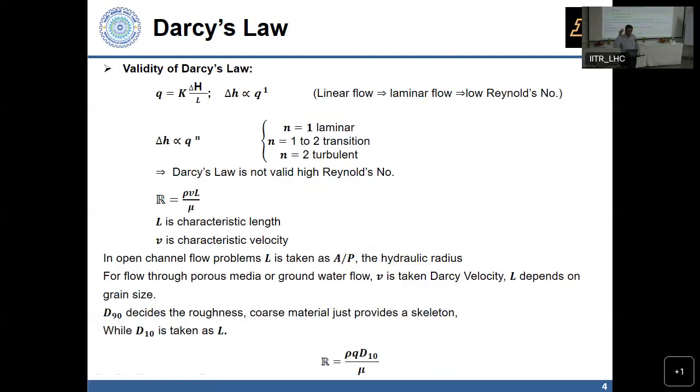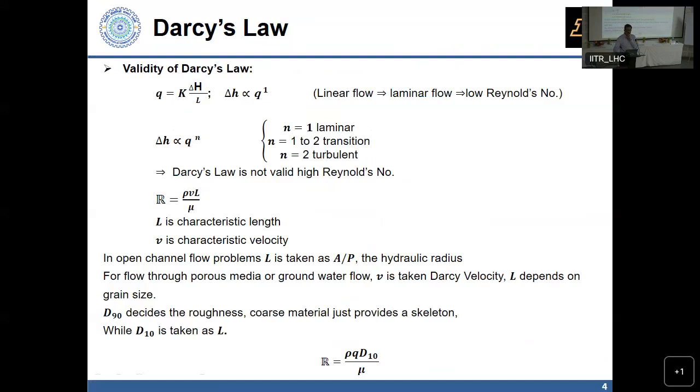Just as we recall from pipe friction and other considerations, how much head loss we get does depend on the flow velocity, or in this case, the Darcian flux small q. For Darcy's law to be applicable the way we know it, the flow has to be very slow, well within the laminar region. And typical velocities are very small.